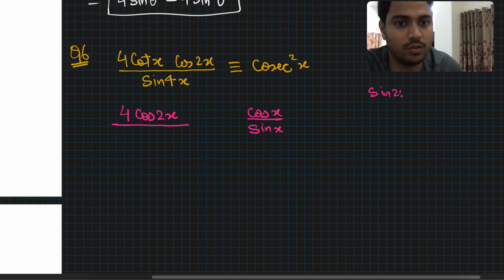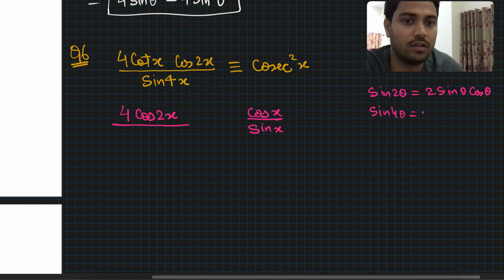Sin 2 theta is 2 sin theta cos theta. Similarly, now when we have sin 4 theta, it will be 4 sin 2 theta cos 2 theta.